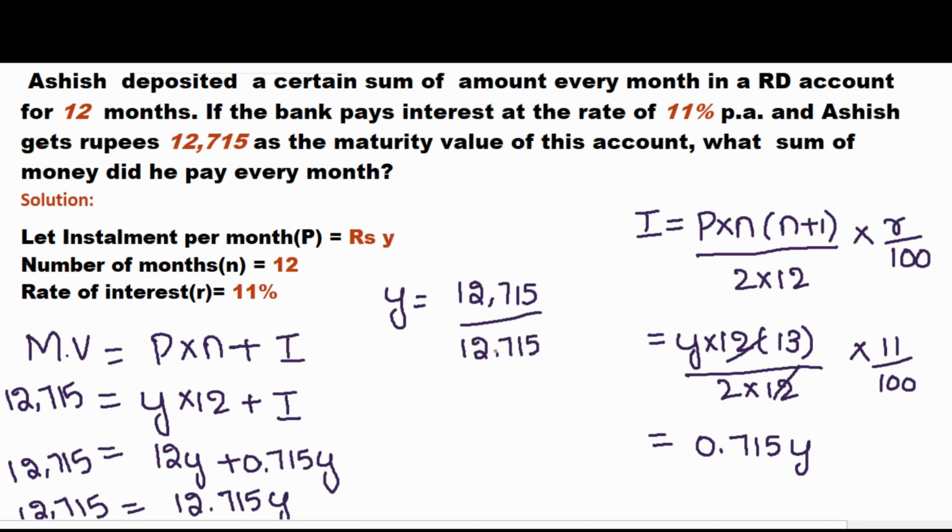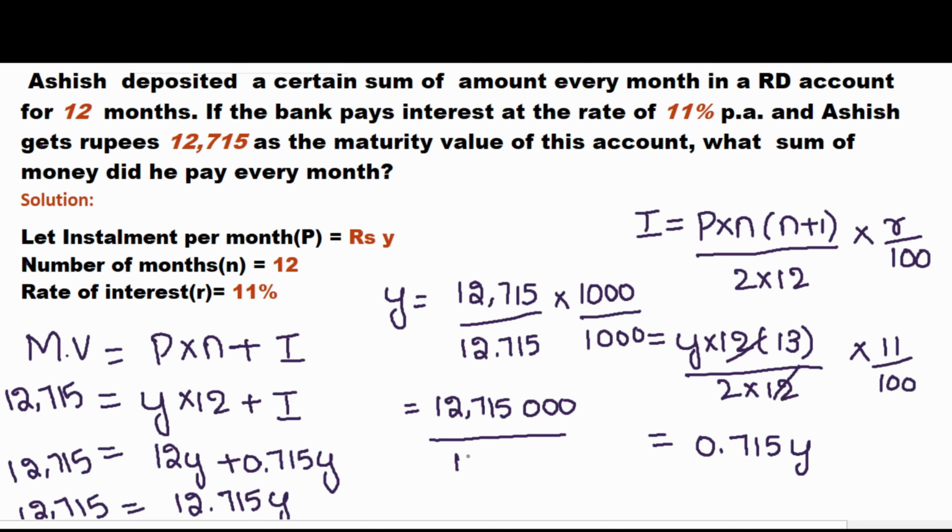So to remove the decimal place, there are 3 decimal places. To remove this, I'll multiply with 1000. Why 1000? Because 3 zeros here, that's equal to 3 decimal places. Same thing I'll multiply in the denominator also. If I multiply 1000 to the numerator, it will become 12715 followed by 3 zeros divided by 12715, and 3 decimal places get cancelled with the 3 zeros.